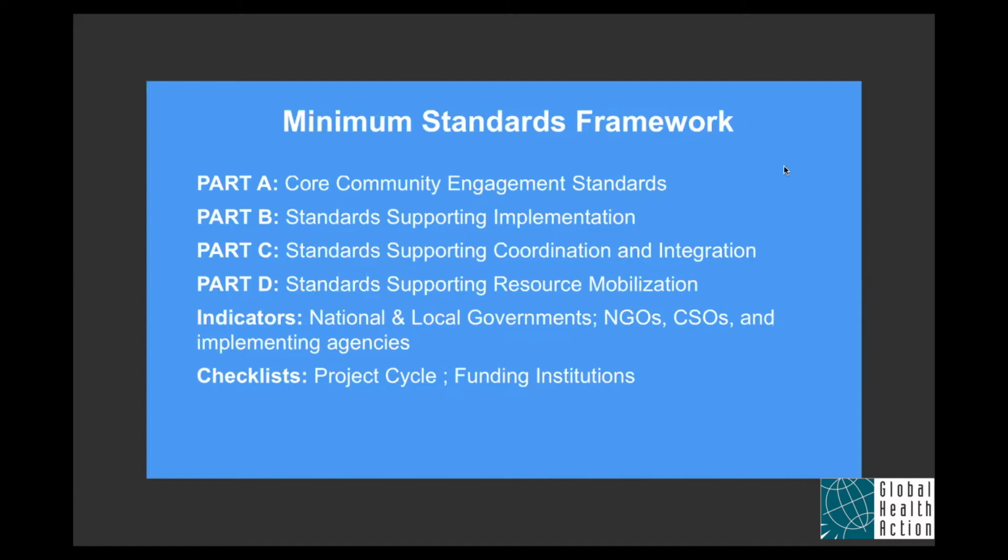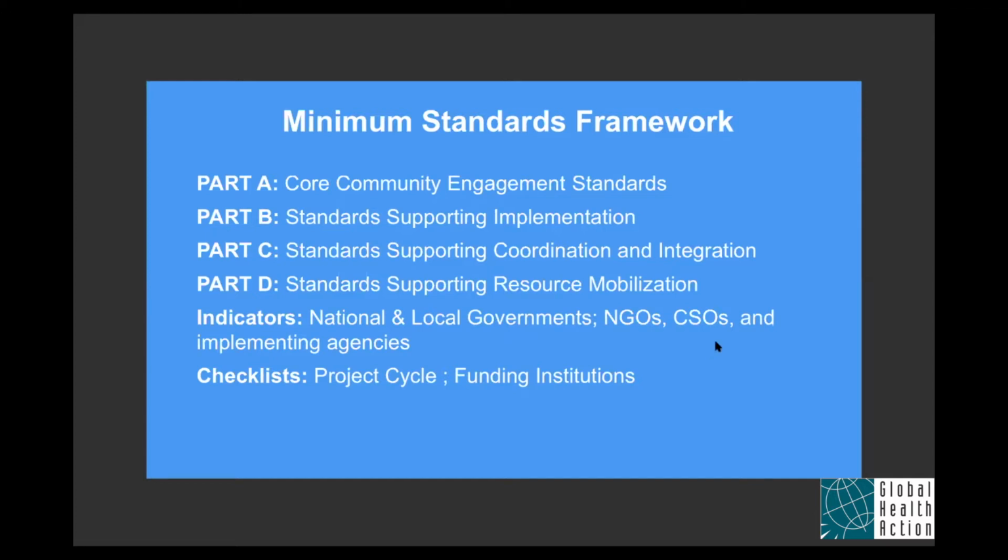As I mentioned, through the consultations, particularly the ones at country offices, we were able to identify the critical stakeholders that need to ensure and facilitate both the processes and the outcomes that we intend from community engagement. The main stakeholders that the community engagement standards address are national and local governments, and on the other side, civil society, mainly NGOs, civil society, and implementing agencies.